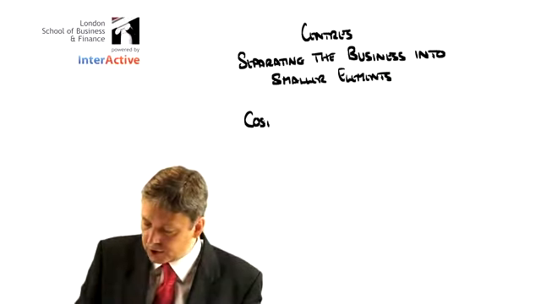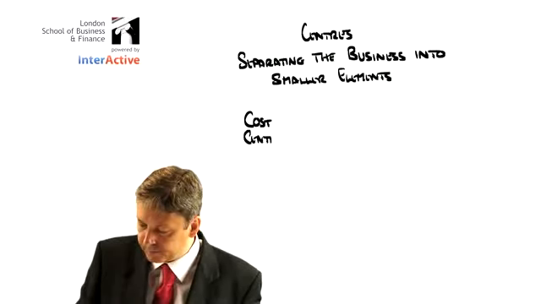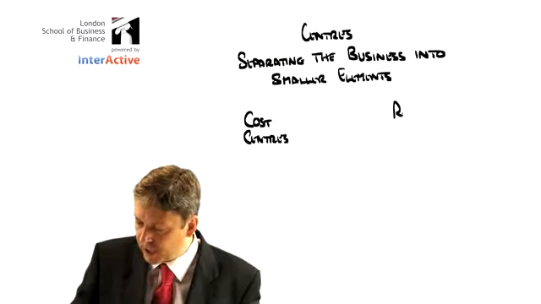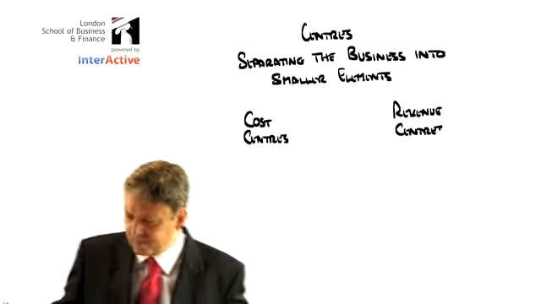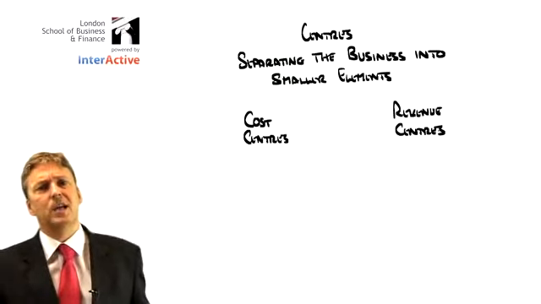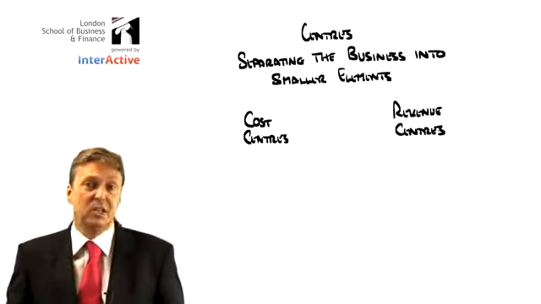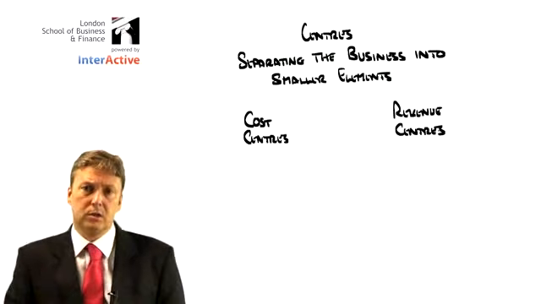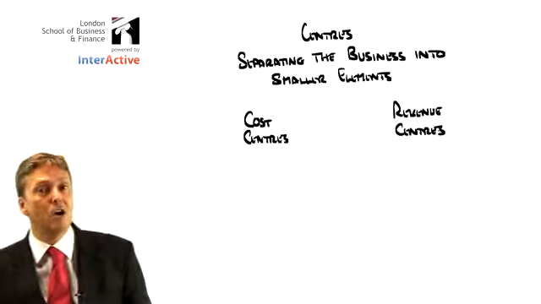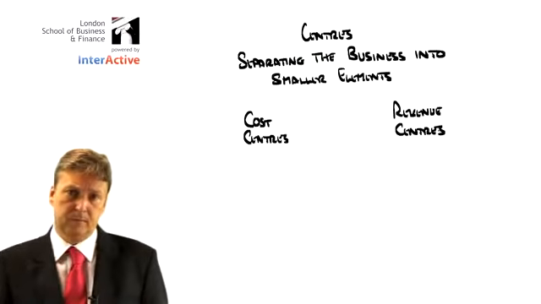We have cost centres and revenue centres. Now, I don't wish to embarrass you by telling you what you already can see for yourself. A cost centre is a grouping of costs. A revenue centre is a grouping of revenues.